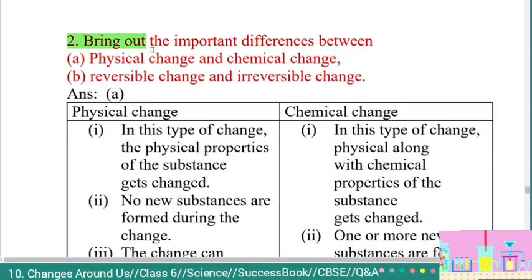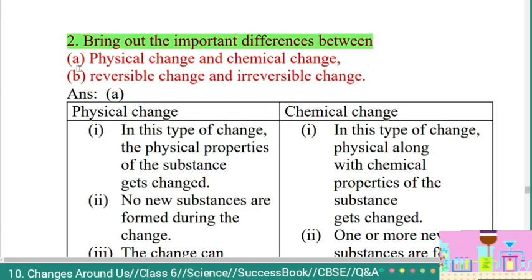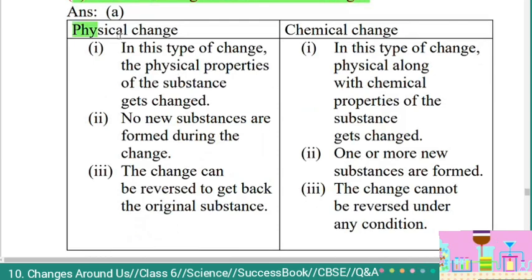Second question, bring out the important differences between first, physical and chemical change, second, reversible and irreversible change. First we will see physical and chemical changes. So what is physical change? In this type of change, the physical properties of the substance get changed. In the chemical change, physical along with chemical properties of the substances get changed.